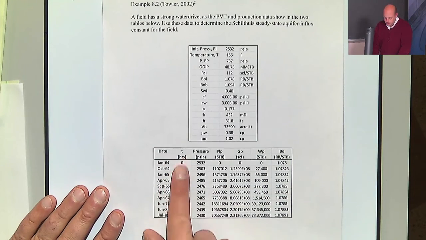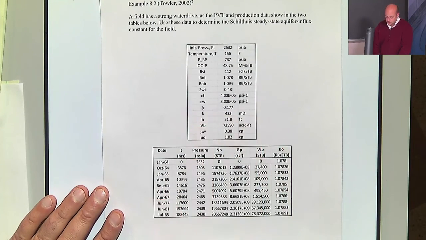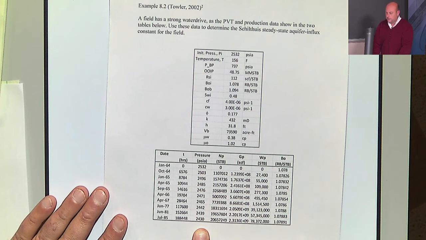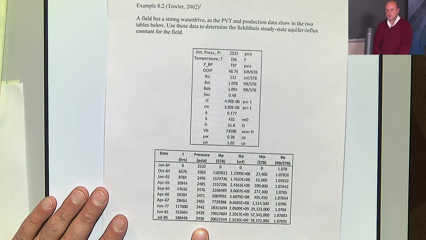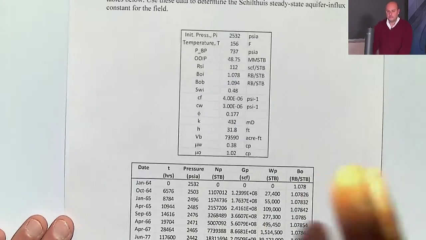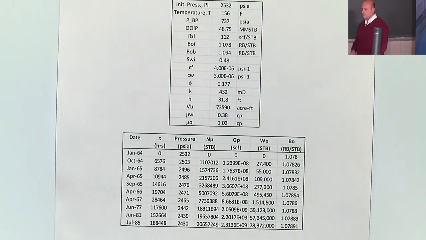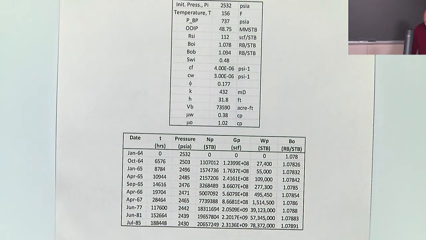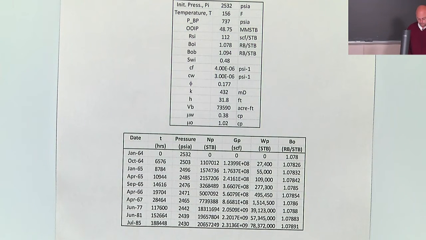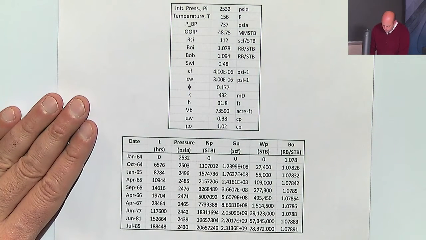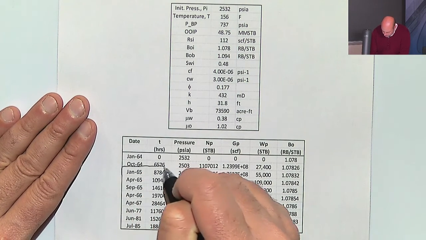But what we do need is the time versus pressure, as well as the reservoir properties. The reservoir pressure is clearly dropping with time, just as we thought it would. What we want to do is determine the cumulative amount of water that has encroached the reservoir at any given time, and I am going to do that for this time right here.